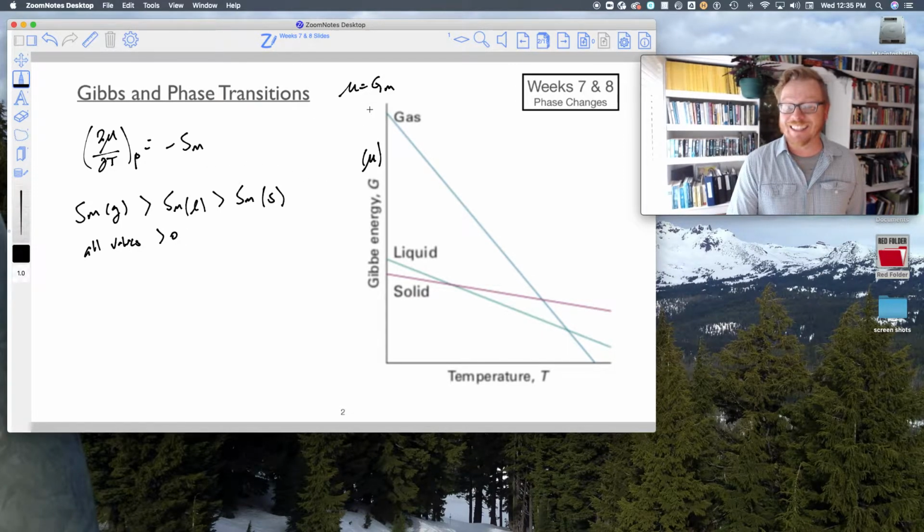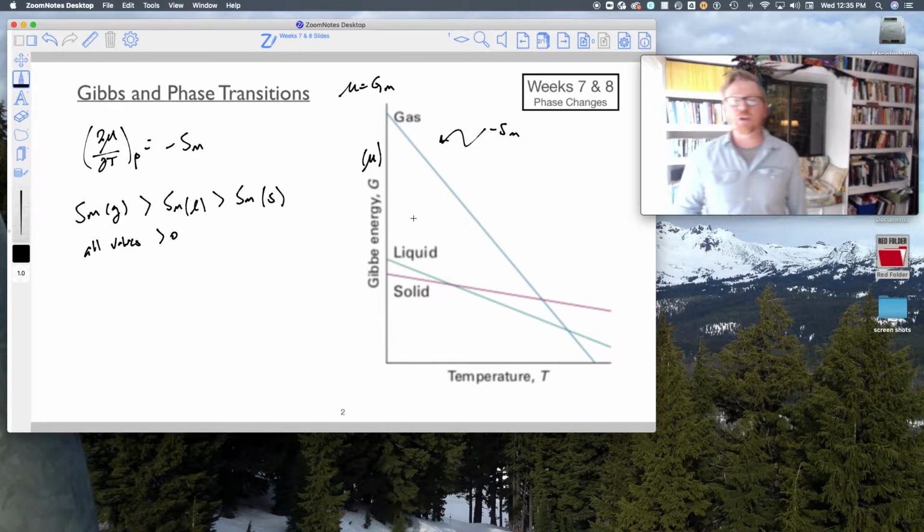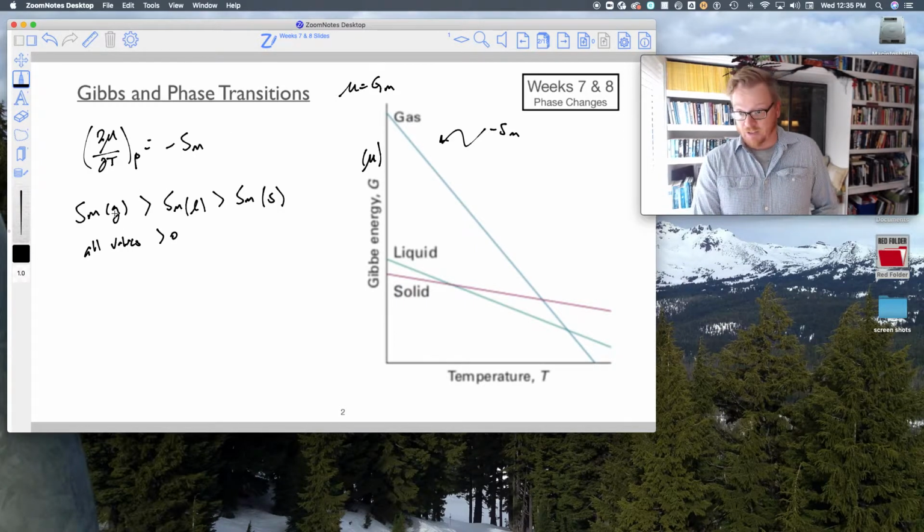So that's why we see this negative slope, negative molar entropy for the slope. And because the molar entropy of a gas is greater than that of a liquid, it's a steeper slope. And then you can see the liquid has a steeper slope than the solid.